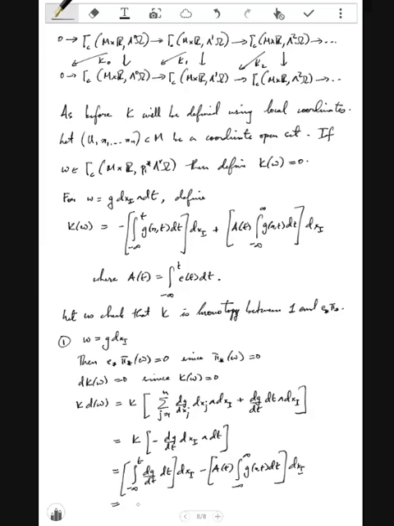This is equal to g of x comma t dxi minus 0, which is equal to omega. So this implies that 1 minus e lower star pi lower star of omega is equal to kd minus dk of omega.